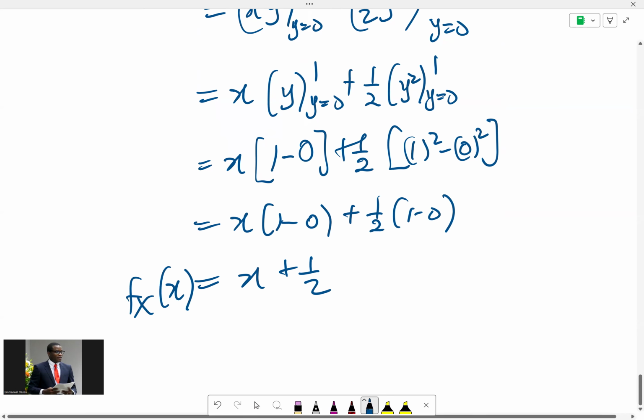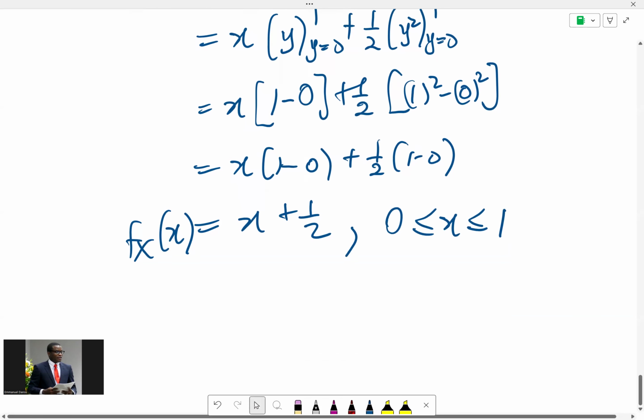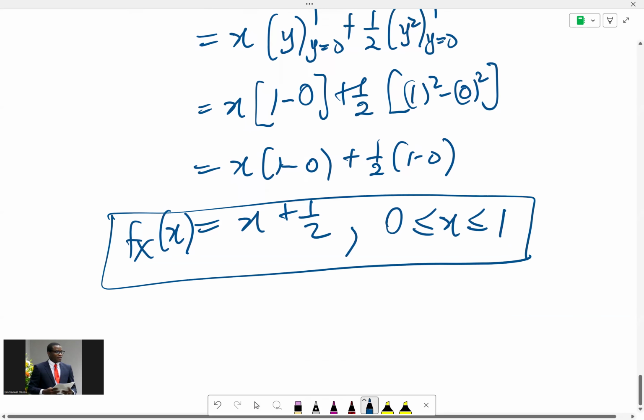So this is the marginal distribution of x, and this happens for when 0 is less than or equal to x less than or equal to 1. So that's our result. All right.